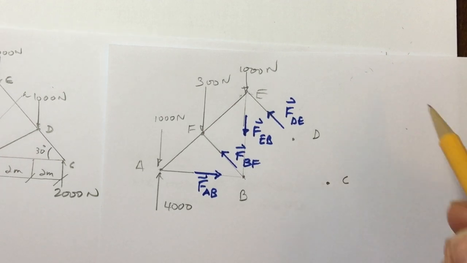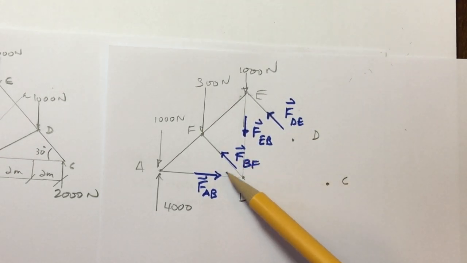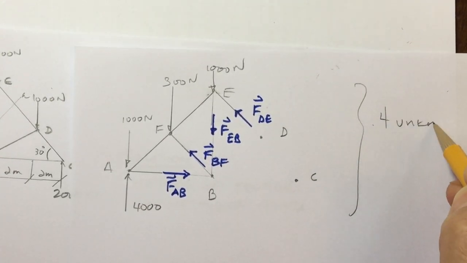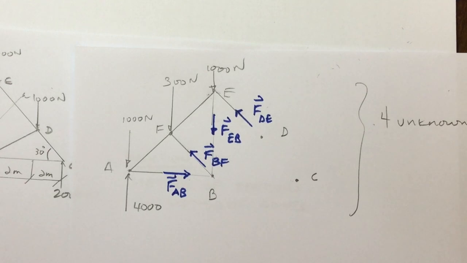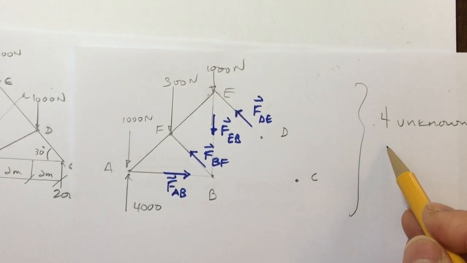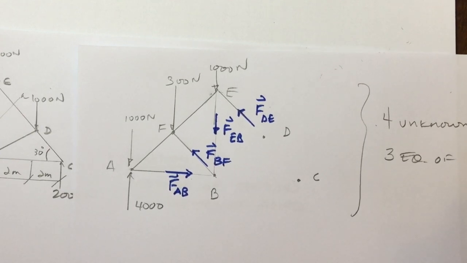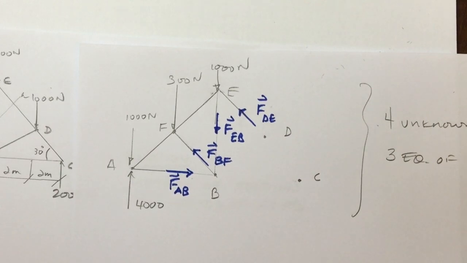And what I have is 1, 2, 3, 4 unknowns. I have 4 unknowns. So I could use my 3 equations of equilibrium, but that still leaves me with 1 unknown.